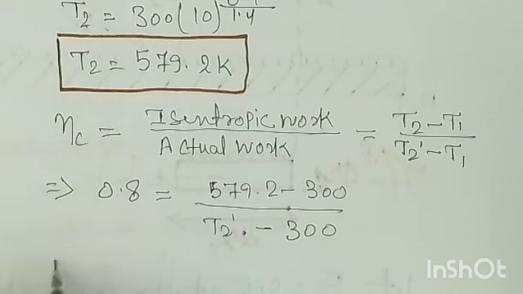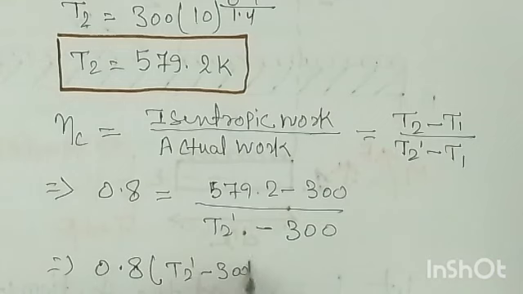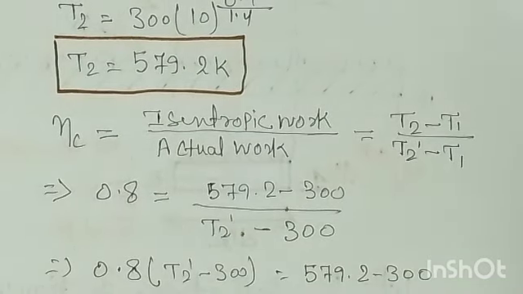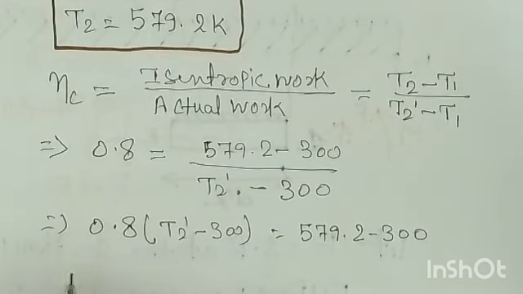Cross multiply, so this will be 0.8 into T2 dash minus 300 is equal to 579.2 minus 300. So the equation will become like this: when you simplify, the efficiency will come to the denominator and 300 will be added.